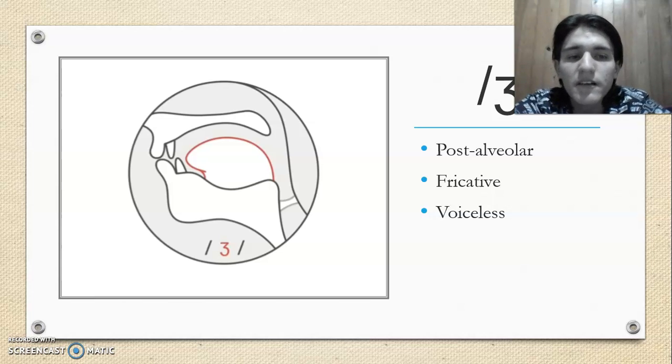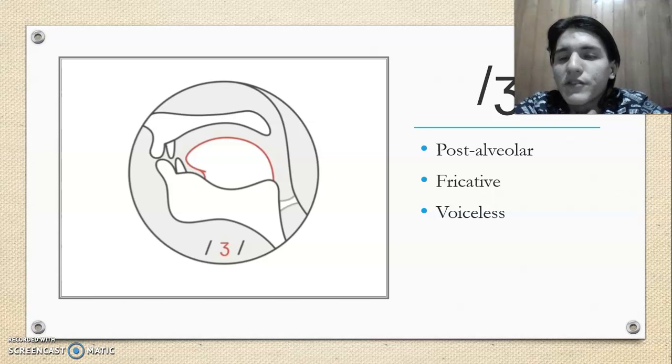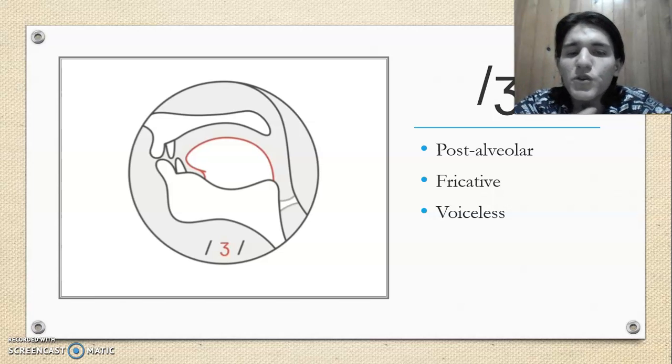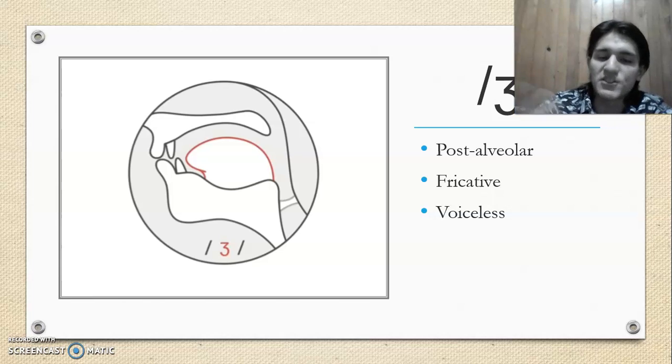The air flows between the blade of your tongue and the roof of your mouth. It will create a lot of noise.